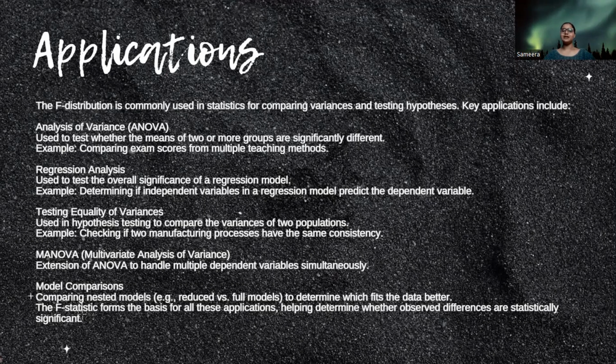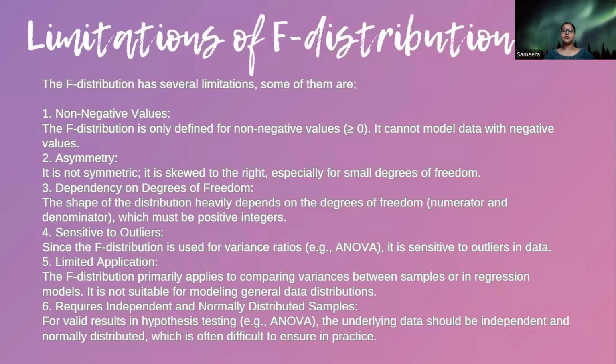Then we have model comparisons, comparing nested models, for example reduced versus full models, to determine which fits the data better. The F statistic forms the basis of all these applications, helping determine whether observed differences are statistically significant. So these are some of the applications of F distribution among many more. So let's head ahead and look into the limitations of F distribution now that we're done with the applications.